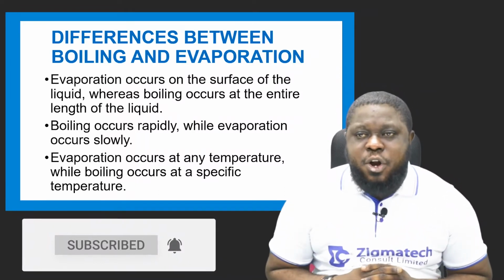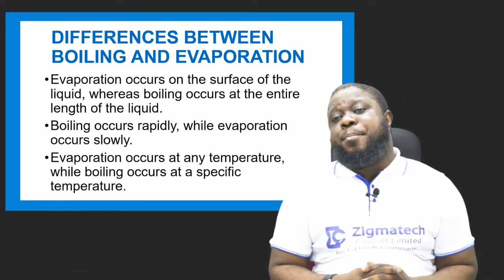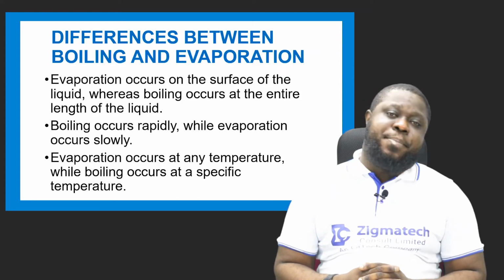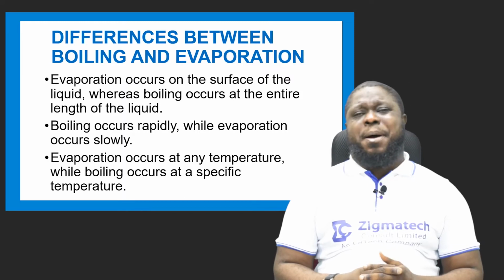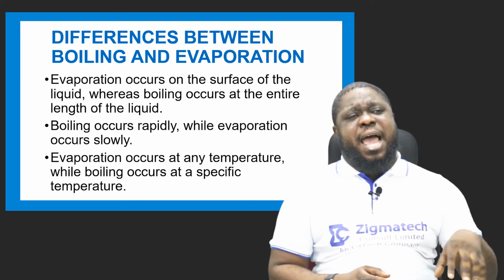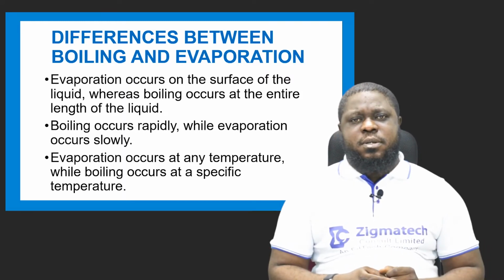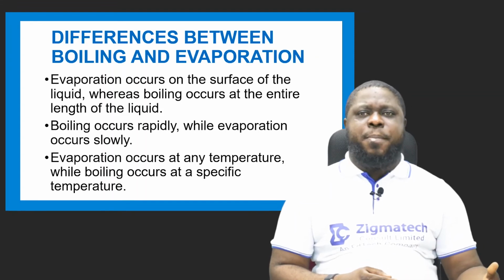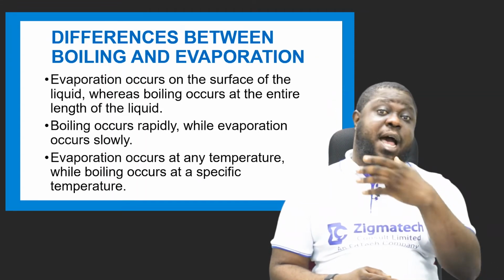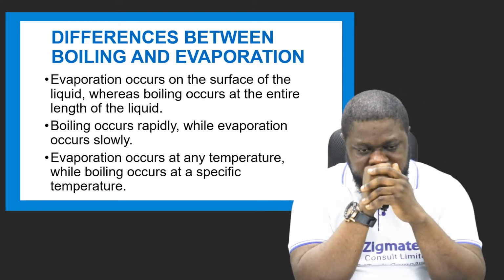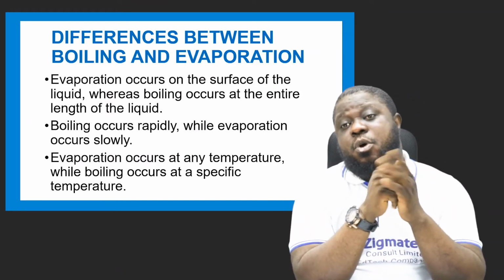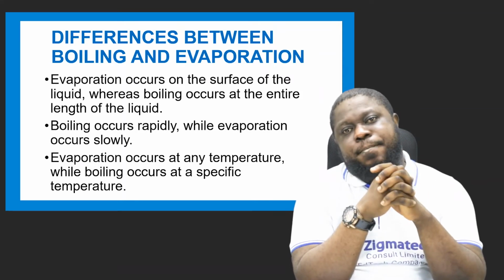Now, the next one is: evaporation occurs at all temperatures, while boiling occurs at a specific temperature. Yes, evaporation occurs at all temperatures. I told you when we talked about melting, when you put ice, it's cold, you see vapor coming out. I gave you an example too when we talked about a solid changing to a gas directly.